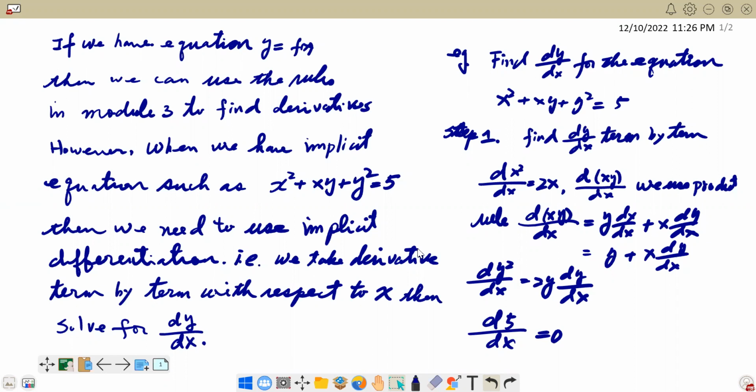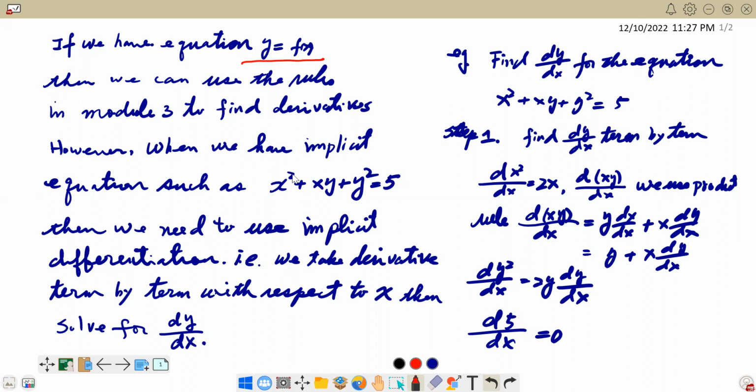Today we want to talk about module 4. In the previous module, all our equations were of the form y equals f(x). If you have this kind of equation, then we can use the rules in module 3 to find the derivative.